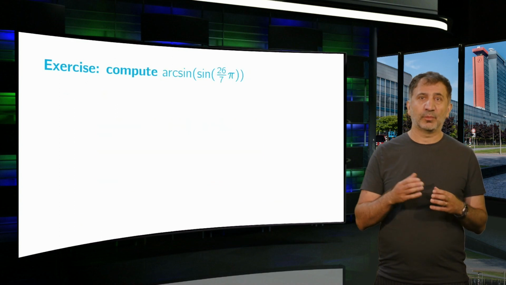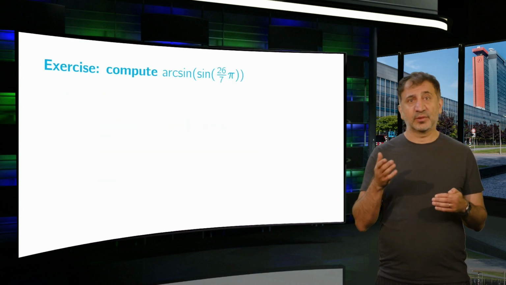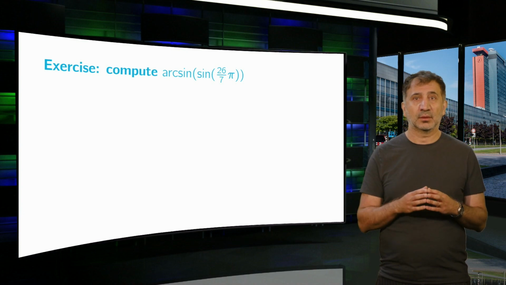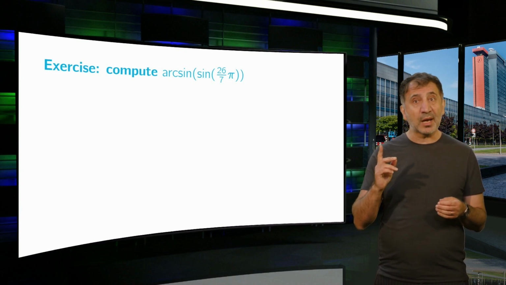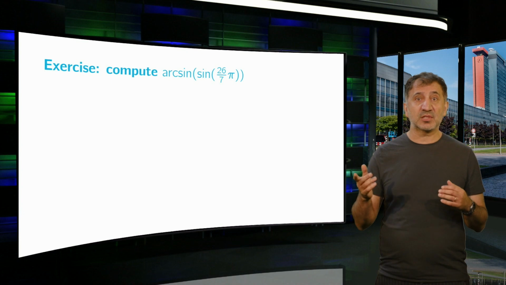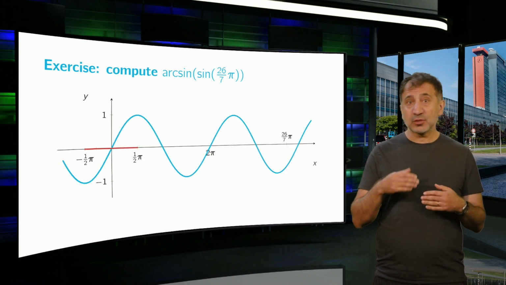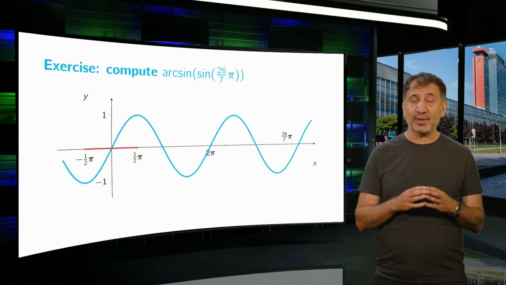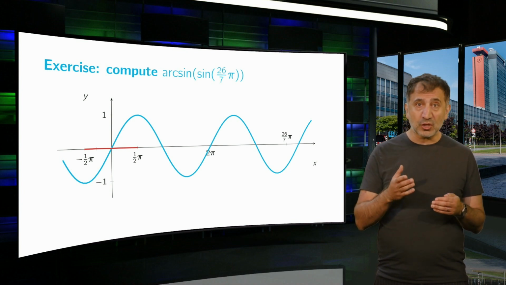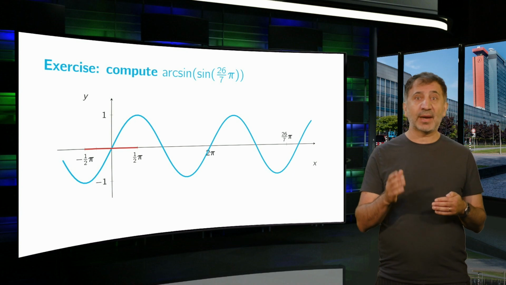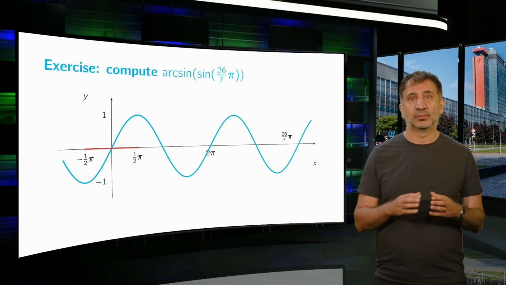Next, compute the arcsine of the sine of 26π over 7. Now an easy but wrong answer would be 26π over 7. Why? Well, because this angle is not in the range of the function arcsine of x. You just saw this range is the interval from minus π over 2 till π over 2.